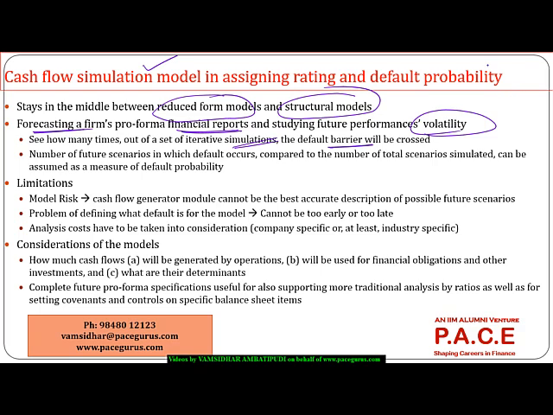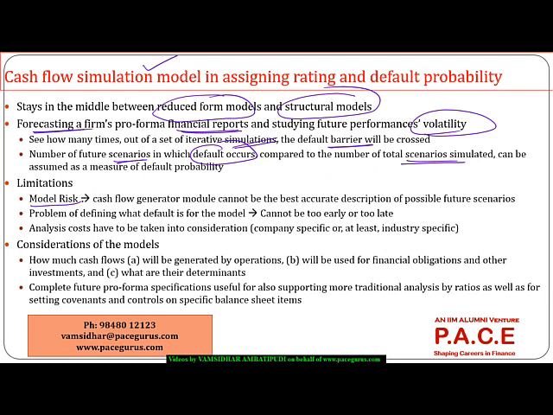We simulate the cash flows in various scenarios, and simply see in how many cases the cash flow goes below a particular barrier. Depending on that proportion, we assign the credit rating and also compute the probability of default accordingly. So the number of future scenarios where default occurs as a proportion of the total number of scenarios I have created is a measure for computing the probability of default.